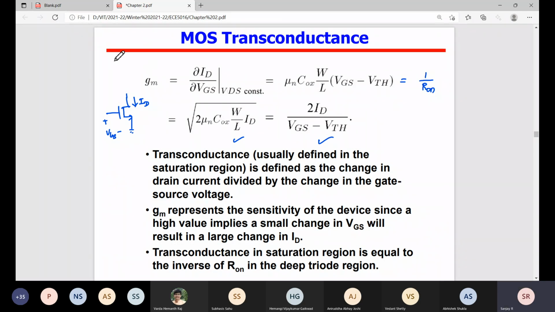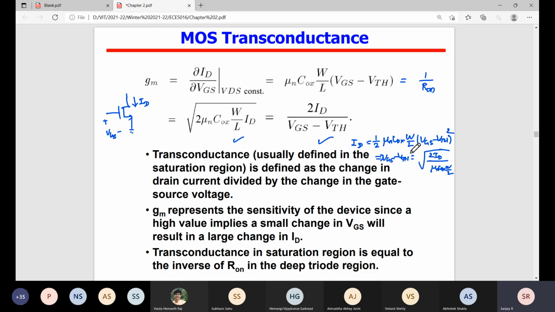What is ID? Let me write here. ID in saturation region equals half mu n Cox W by L into (VGS minus VTH) whole square. I want to substitute VGS minus VTH in this expression. From this I can write VGS minus VTH equals root of 2ID divided by mu n Cox W by L. Am I right?